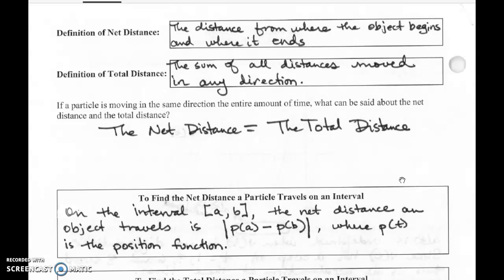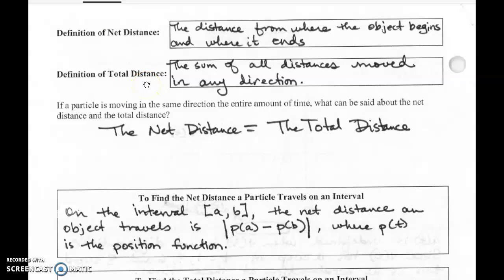Well, the sum of all of those differences moved in any direction would be different than the net distance, because the net distance is just there and back. Sometimes we use the phrase displacement, and I'll write that down. And we don't have another word for total distance traveled, so we just say that. So displacement, if you've seen that word before in physics, or total distance.